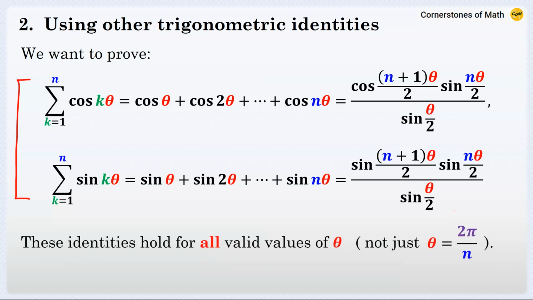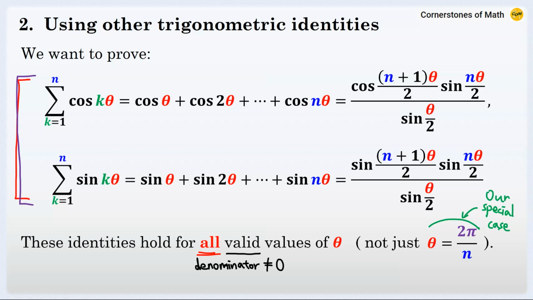Now the coolest thing about these identities is that they are true for all valid values of theta. That is, not just our special case of theta equals 2 pi over n. Here, valid means not making the denominator 0. So we are basically proving something that holds for a more general case, which is pretty cool. Now how do we prove this?